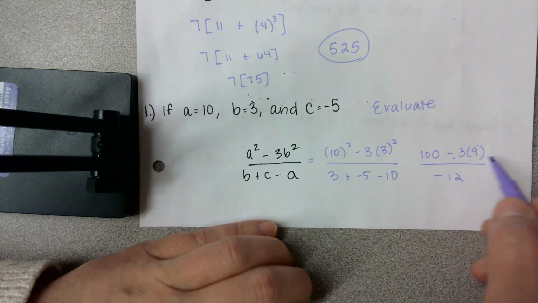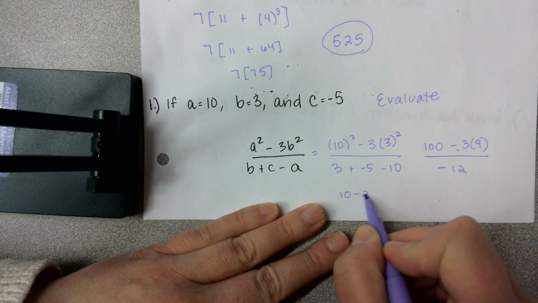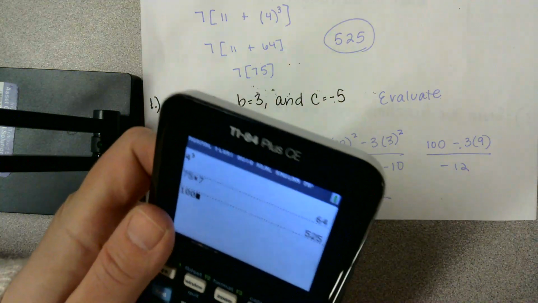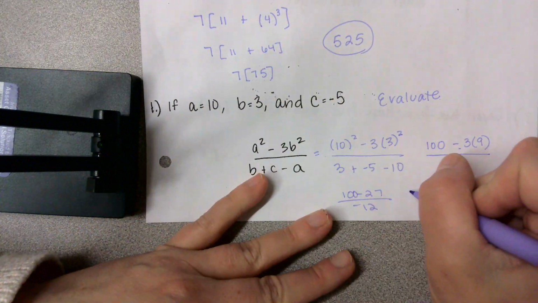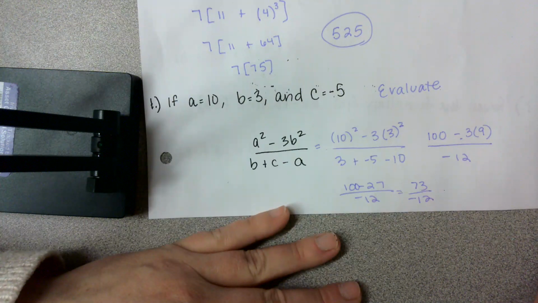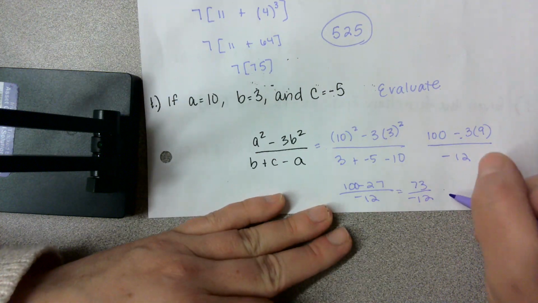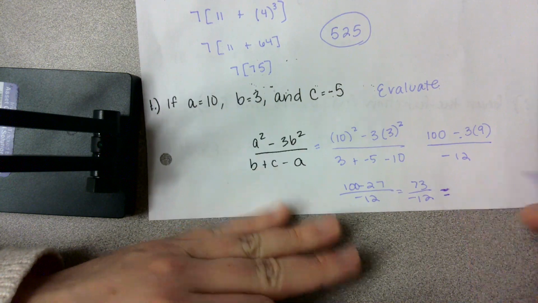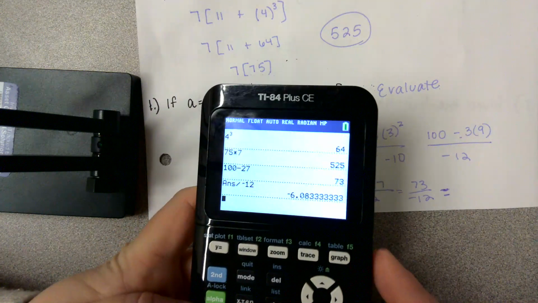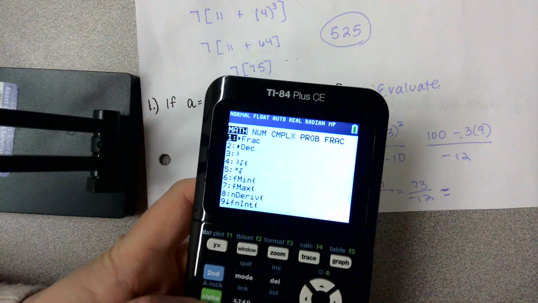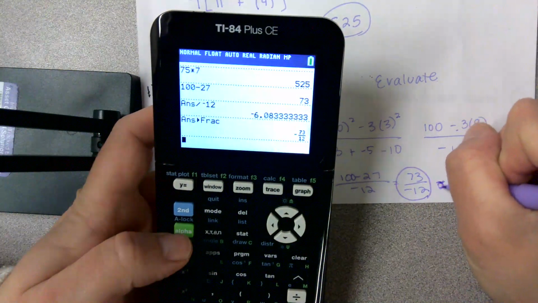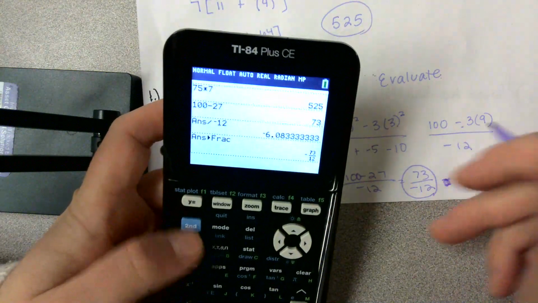Okay, and 3 times 9 is going to be 27 over negative 12, and 100 minus 27 is 73 over negative 12, which is going to be this number repeating. We like to just keep it a fraction. So it's just going to be 73 over 12. Okay, we don't want to do the repeating decimal.